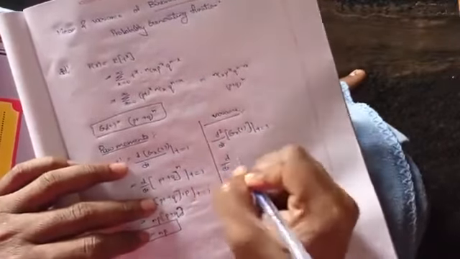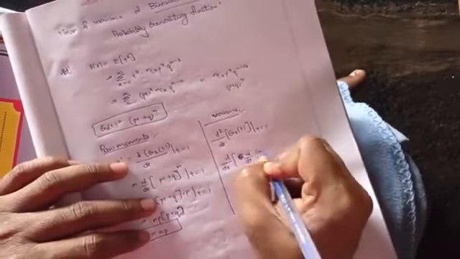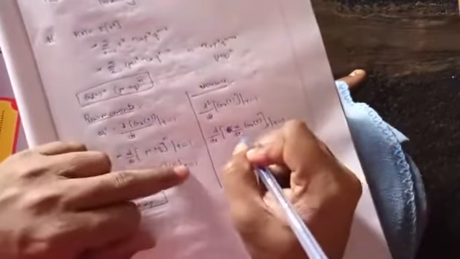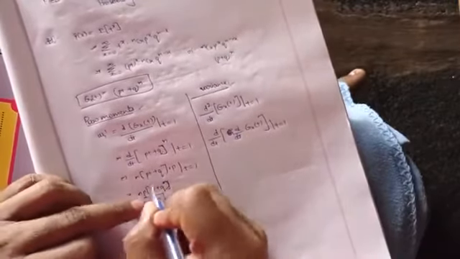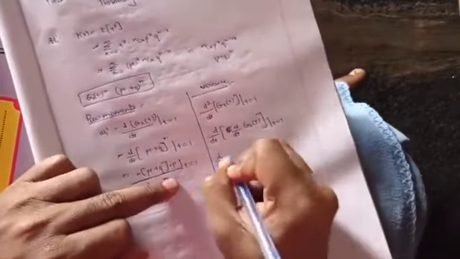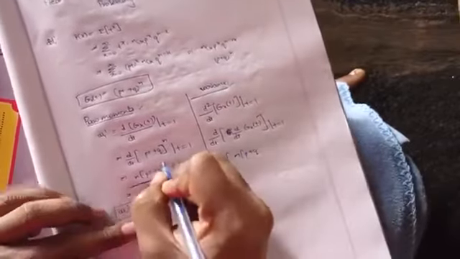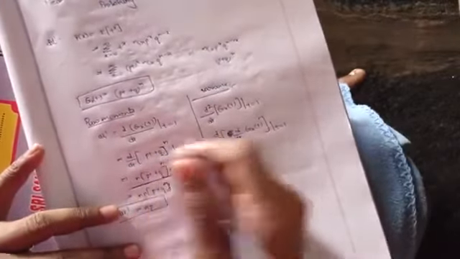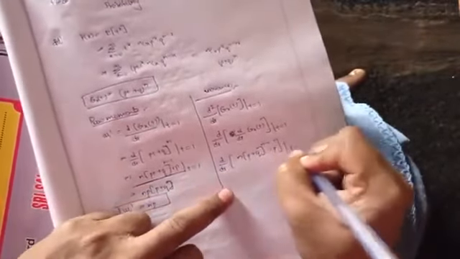So d by dt of Gx of t is np times (pt plus q) power n minus 1. Here we forgot to write n minus 1, so make a note of it: when n came down, it should be n minus 1.